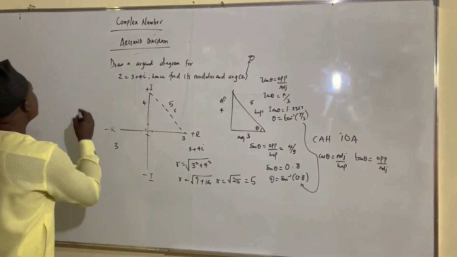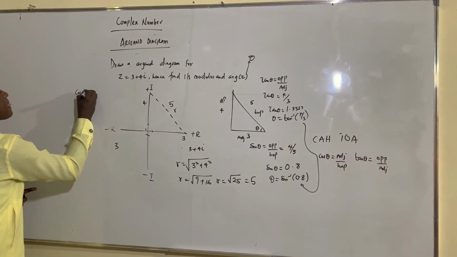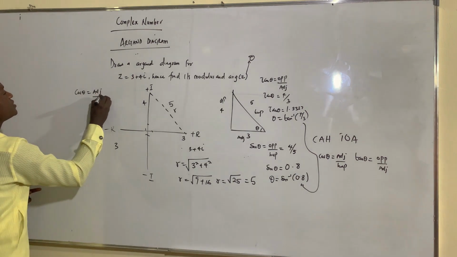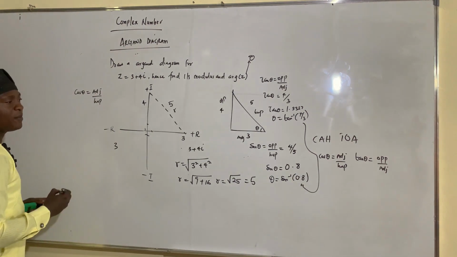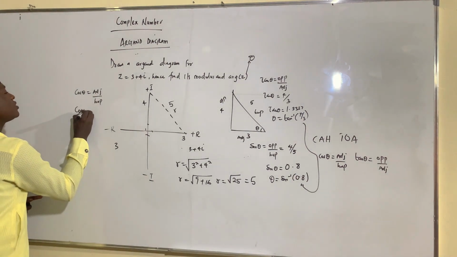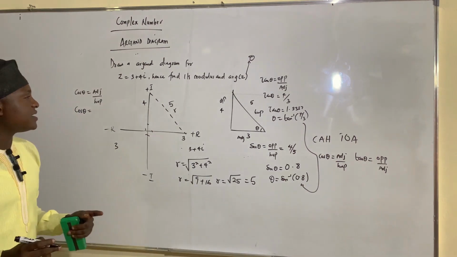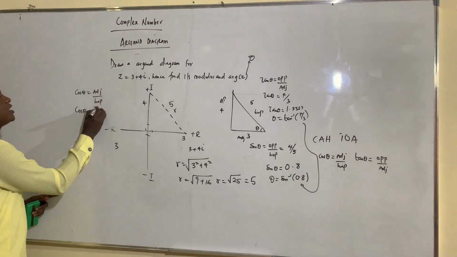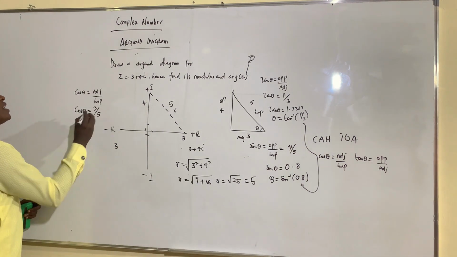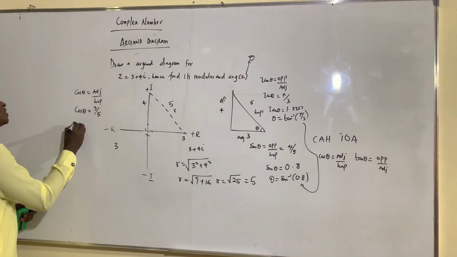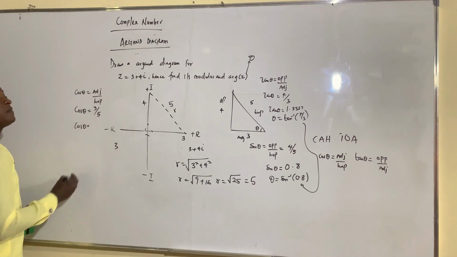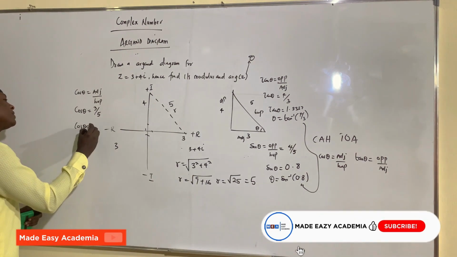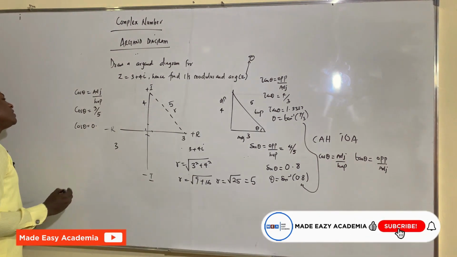Cos is adjacent over hypotenuse. So cos theta is equal to the adjacent, which is 3, over the hypotenuse, which is 5. Then you divide this. If you divide 3 over 5, that's going to be 0.6.